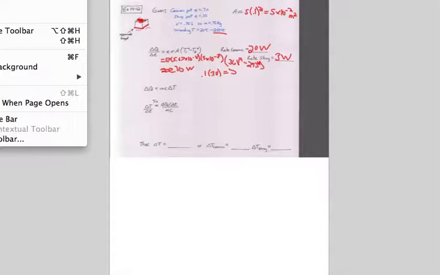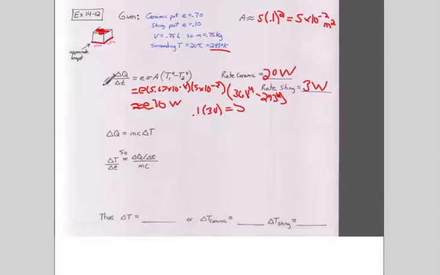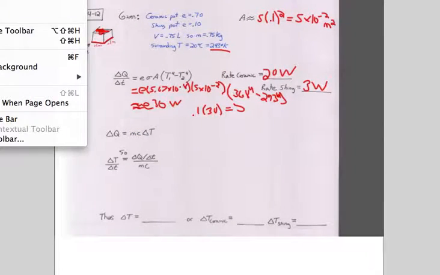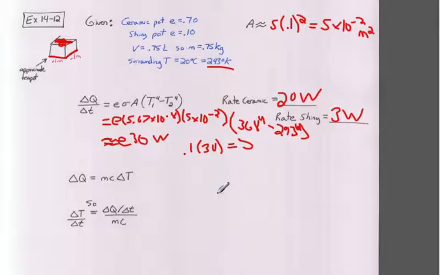Whoa, that's not enough. Well, I guess we'll just leave it for now. But all right, so we want to figure out the temperature drop after 30 minutes.